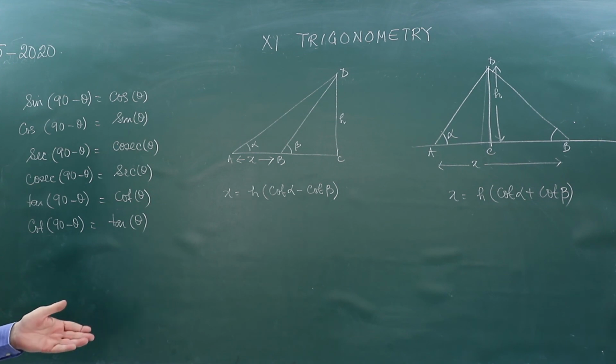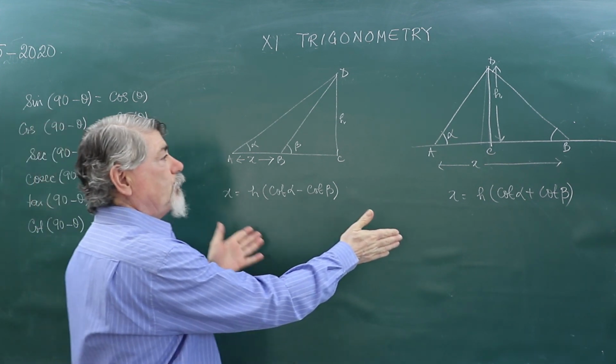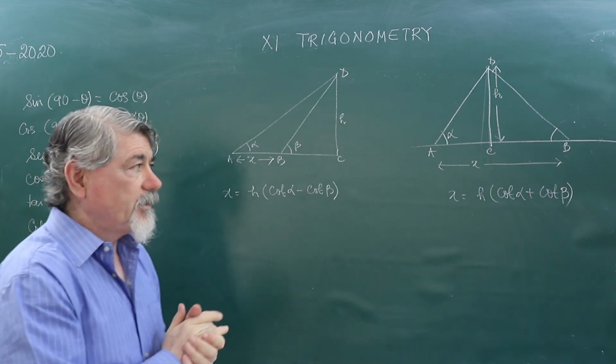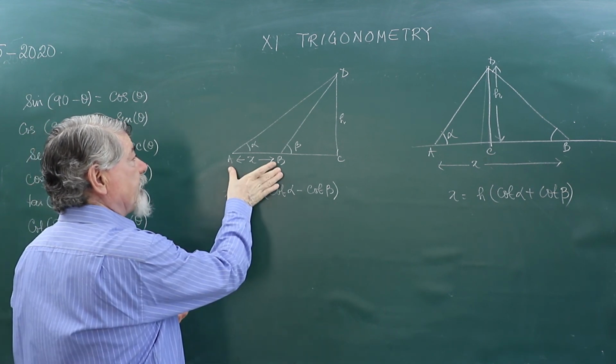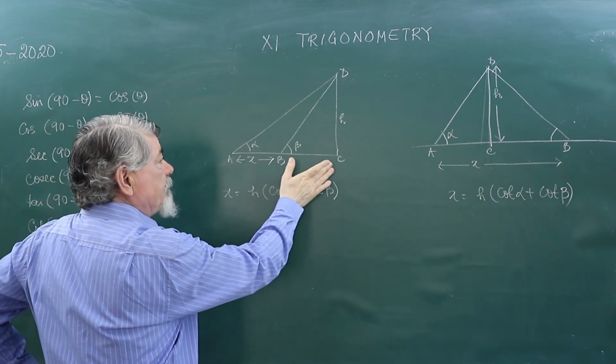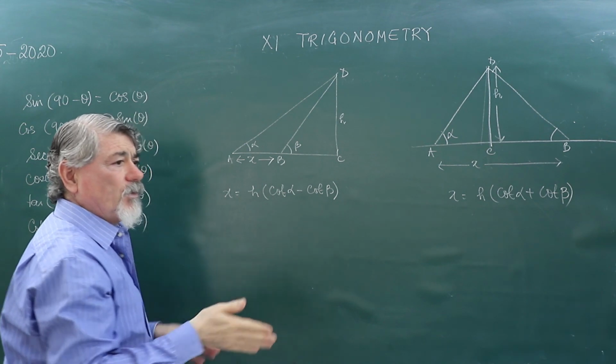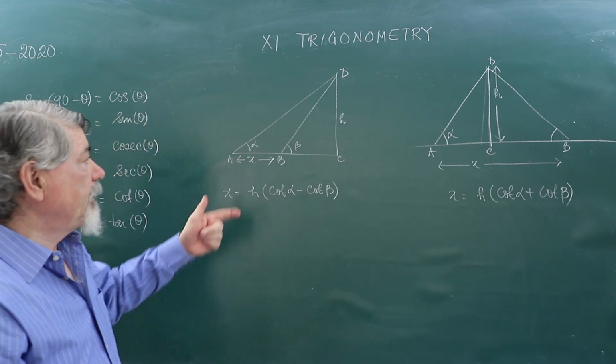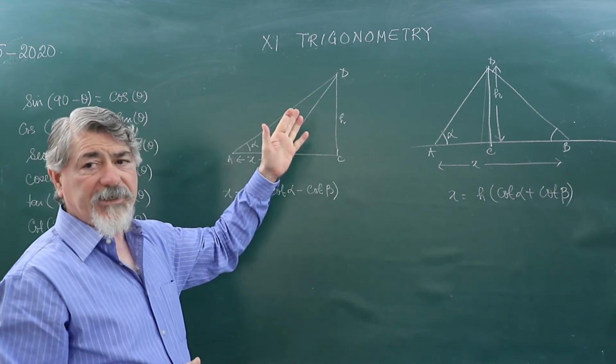We had also studied further, which I will discuss after this. You had studied something in heights and distances in standard 10. If two observation points are on the same side of a building or a hill, you observe the angles of elevation of the top.